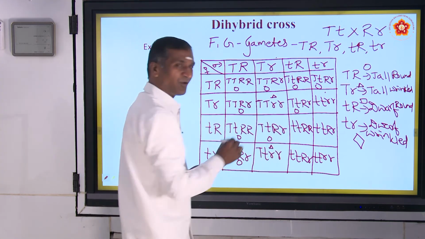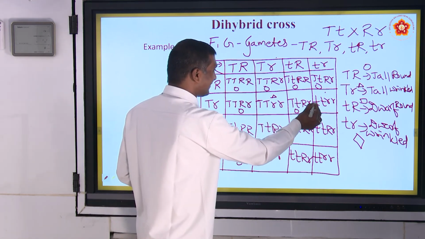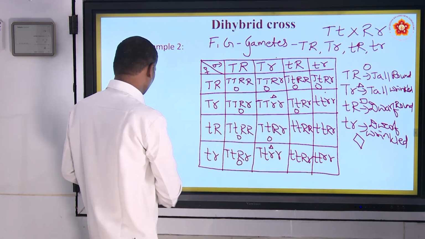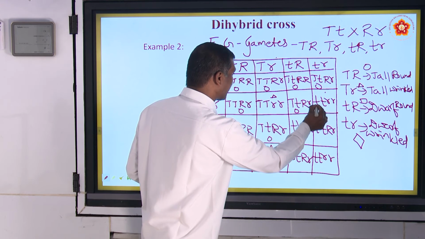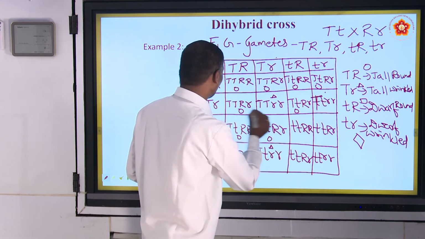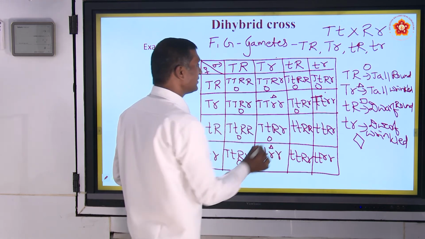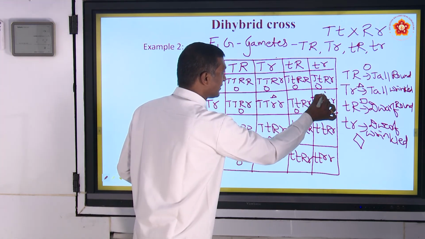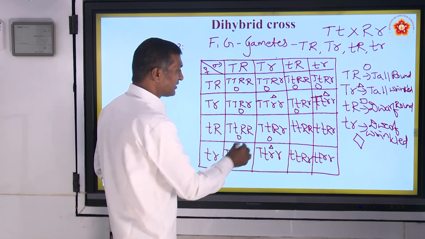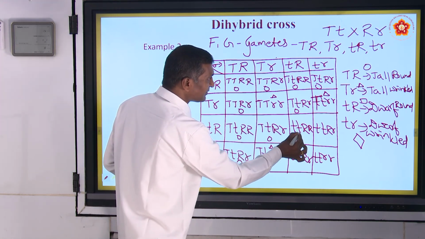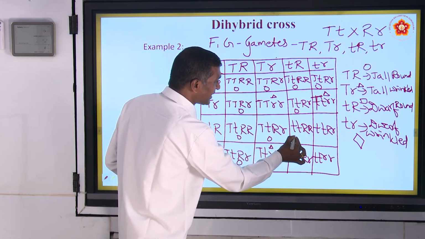See, here we have done wrong. Mistake is here. See where you have to use here capital T and small t, and all 2 R's are the same, small r, triangle. Next you see here the square.